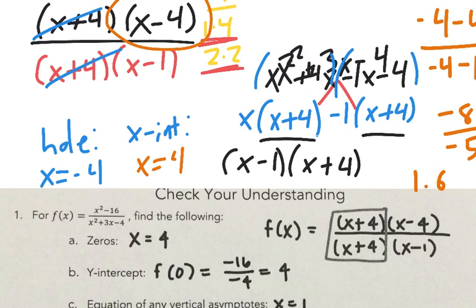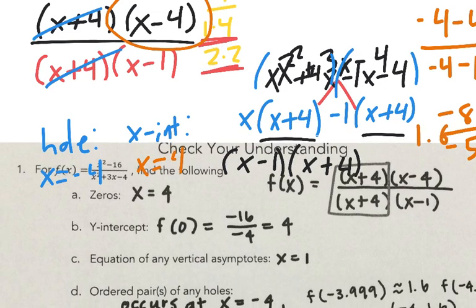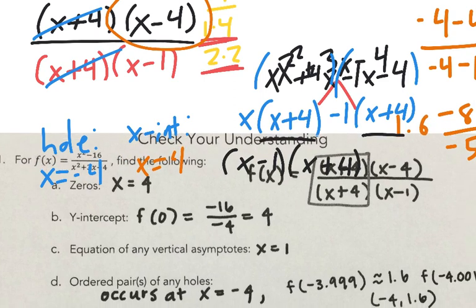Which means the ordered pair where the hole occurs is at negative 4, 1.6.